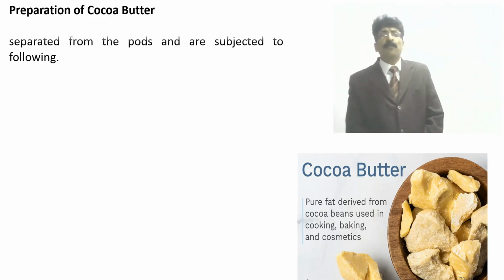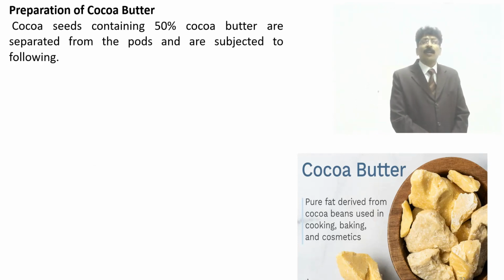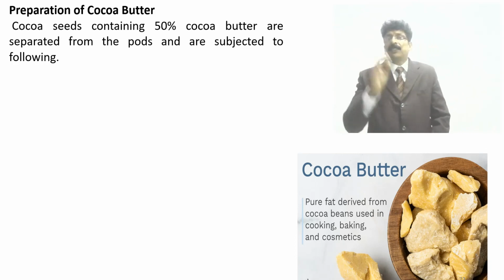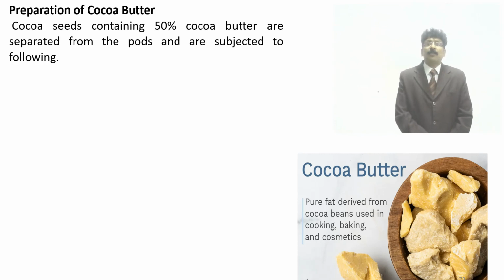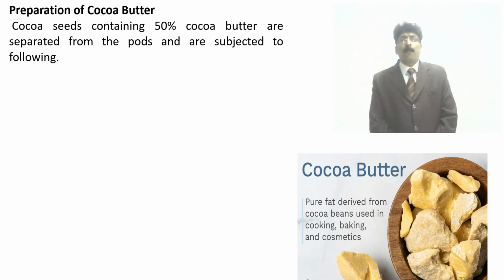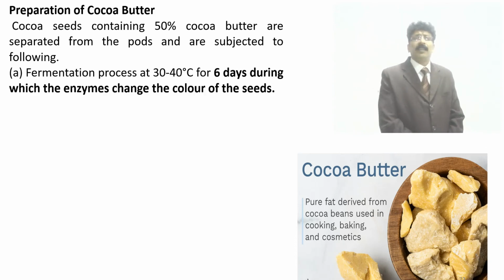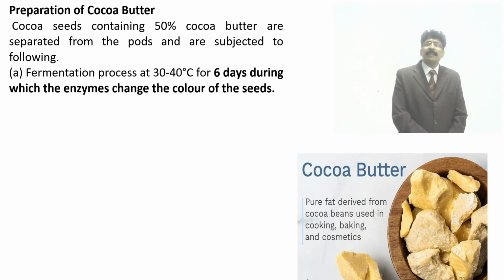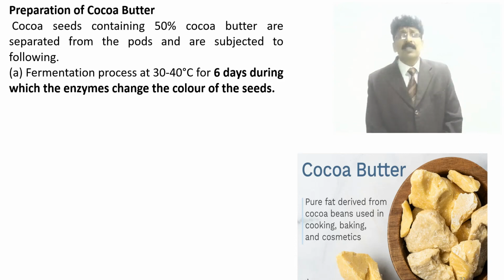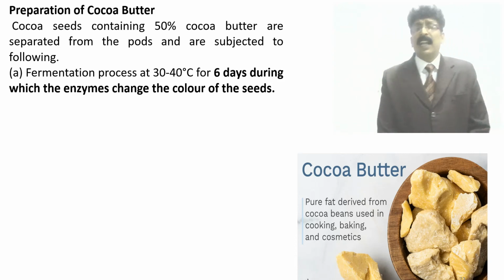Preparation of cocoa butter. Cocoa seeds containing 50% cocoa butter are separated from their pods and are subjected to the following. Fermentation process at 30 to 40 degrees centigrade for 6 days, during which the enzymes change the color of the seed.